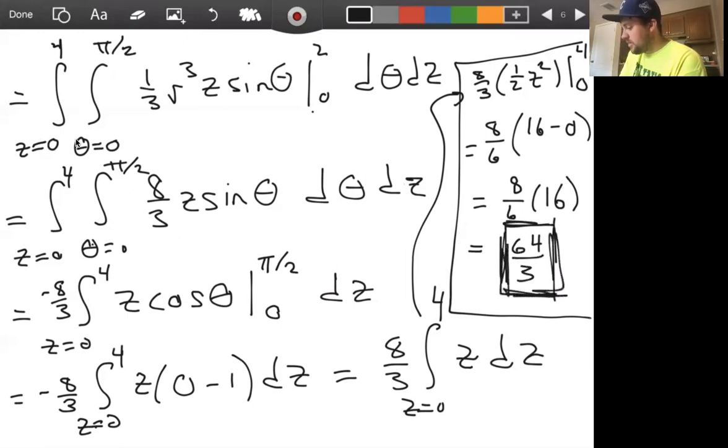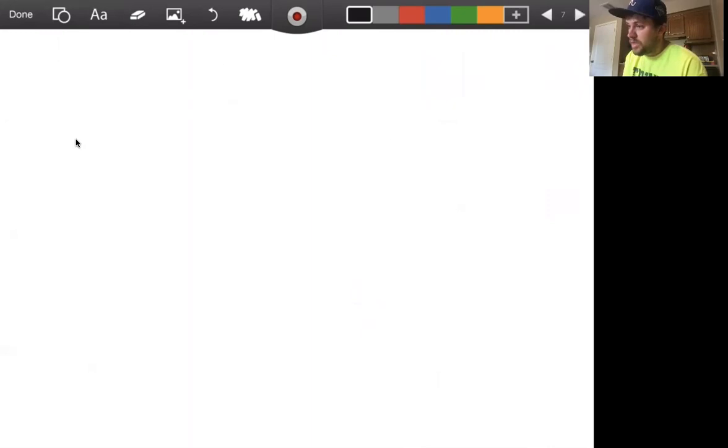Okay, and so here's the straightforward way of computing this integral. Now, I want to show a different way we can do this integral, and this works in any coordinate system. So if we have the triple integral, r goes from 0 to 2, let's relook at this problem.